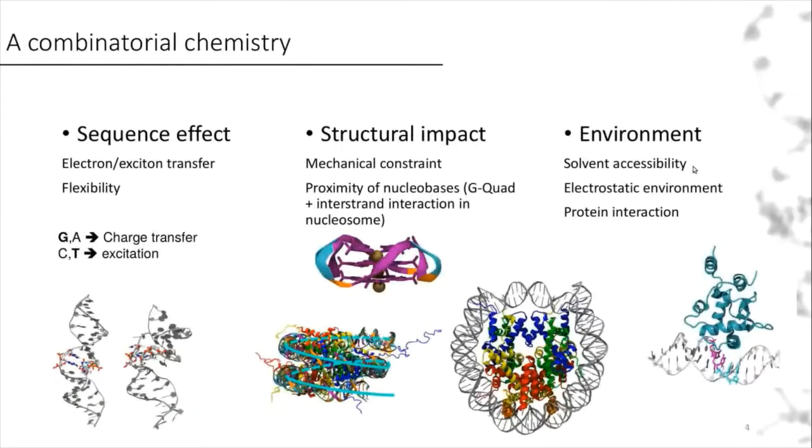So the chemistry of this damage is highly combinatorial, because you have the issue of the sequence effect. The sequence can have an impact on the flexibility, but also on the transfer, for example exciton transfer involving cytosine and thymine, or electron transfer involving guanine, mostly guanine and also adenine.